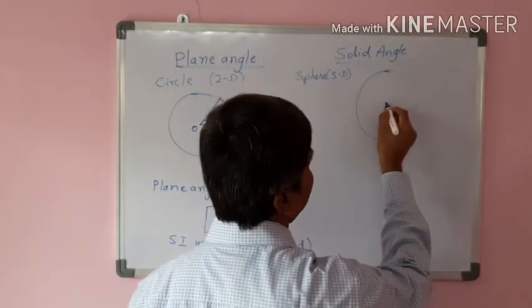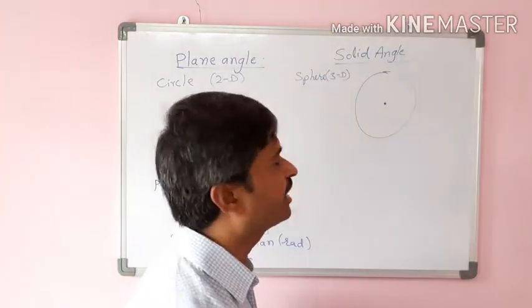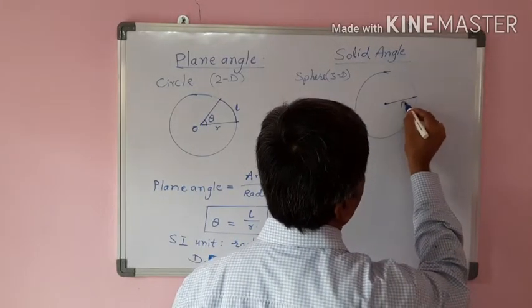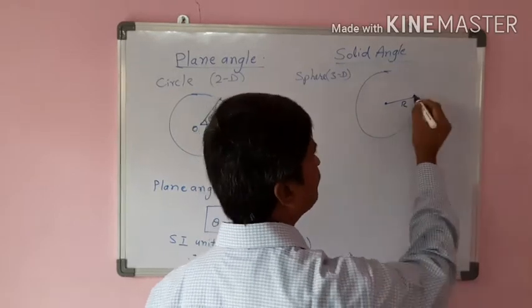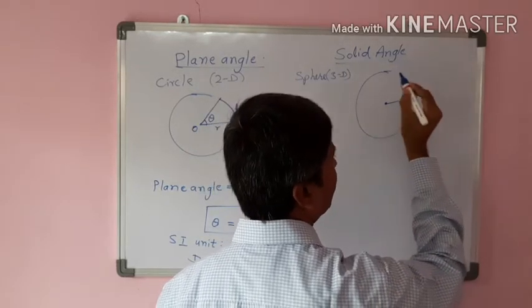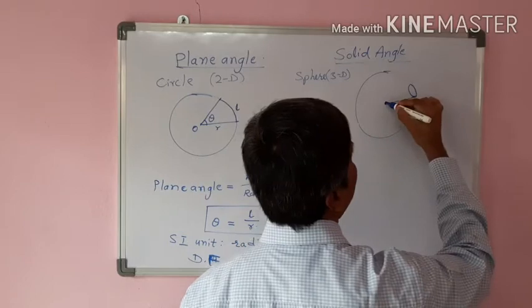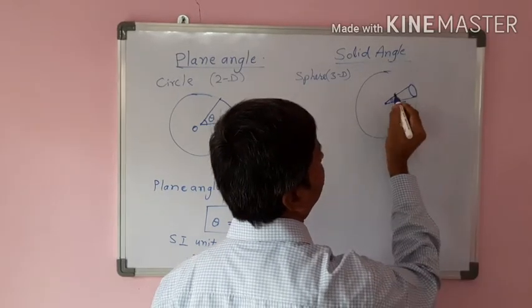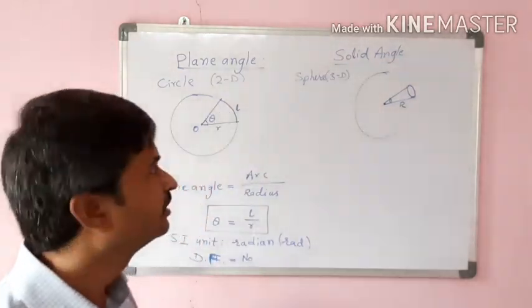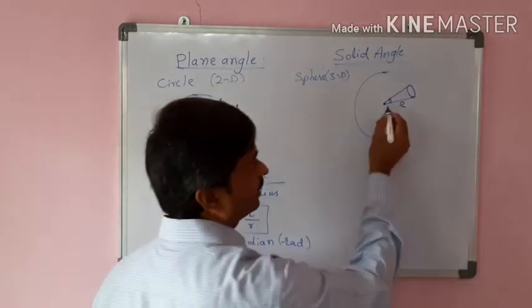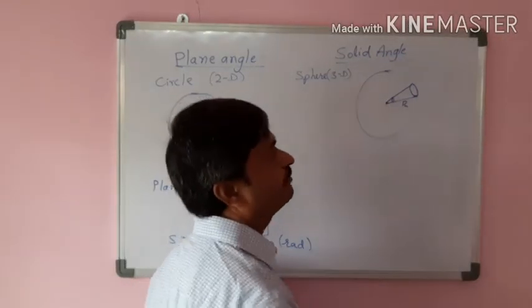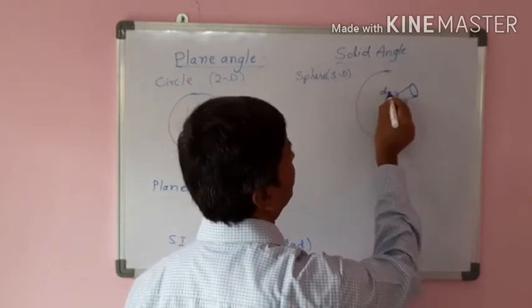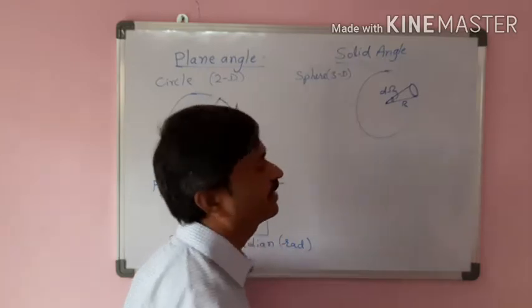This is the center of the sphere and this is the radius of the sphere. Now, if a small surface makes an angle like a cone here, you can understand. That three-dimensional angle made here is known as d omega, small angle d omega, let us say.